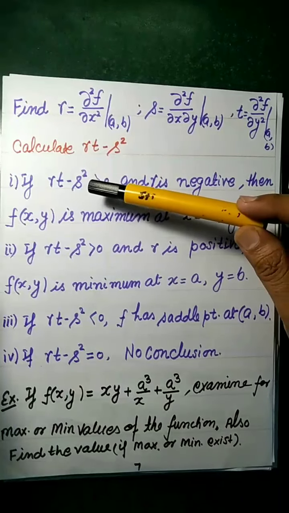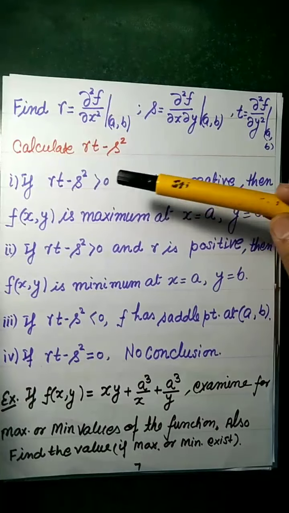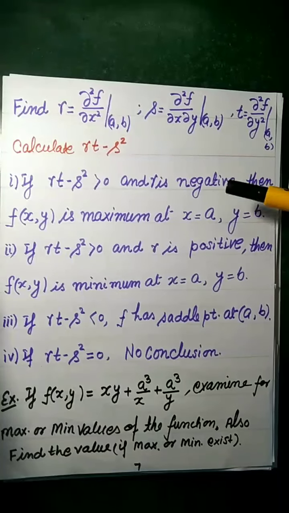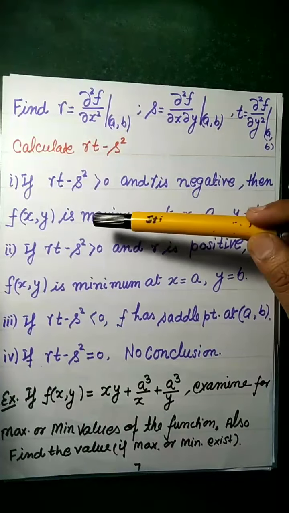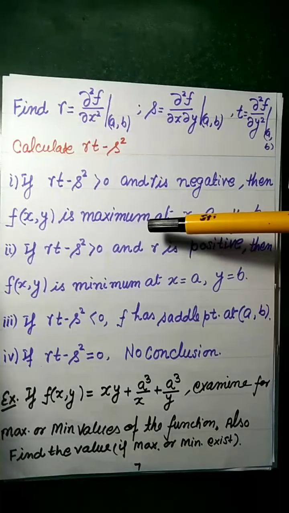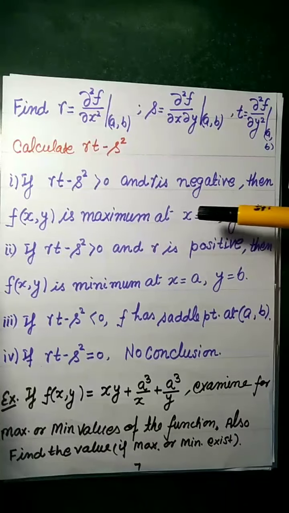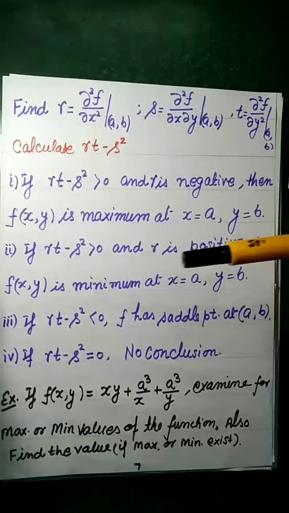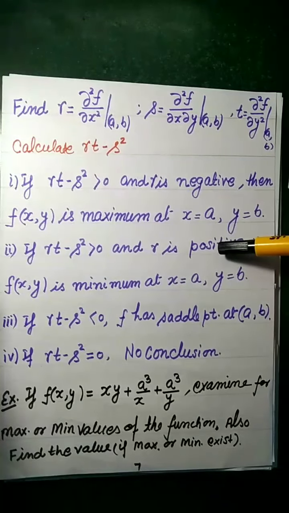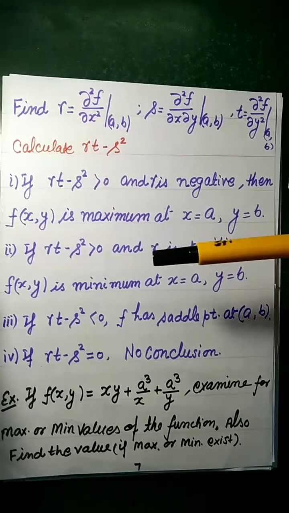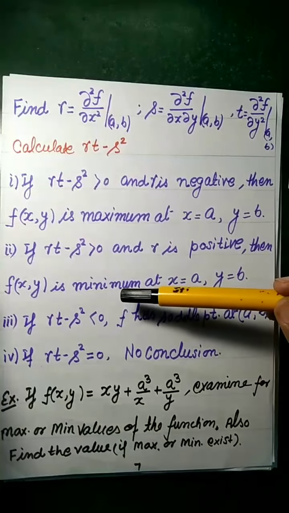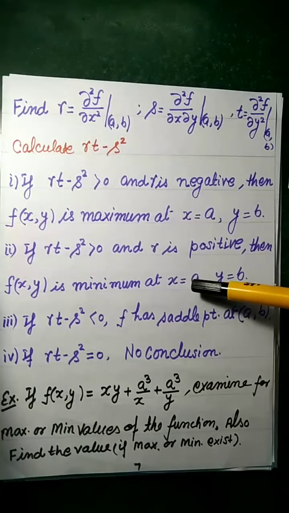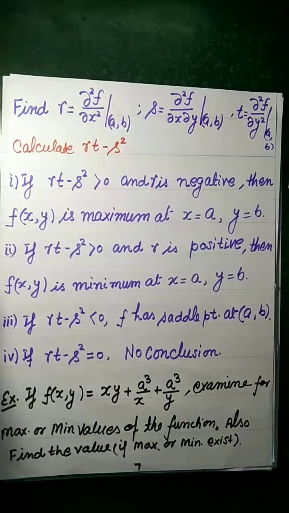If RT minus S square is greater than 0 and R is negative, then the function is maximum at x equals a, y equals b. And if RT minus S square is greater than 0 and R is positive, then the function is minimum at x equals a, y equals b. If RT minus S square is less than 0, then the function has a saddle point at (a, b).